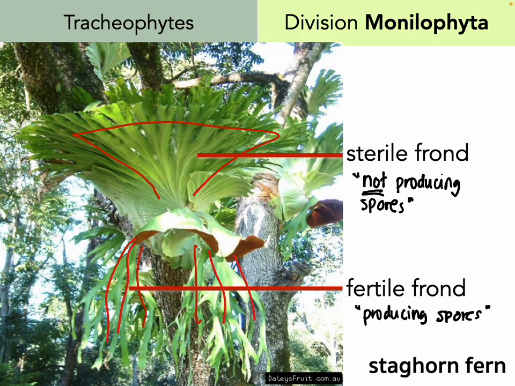And the fact that two types of frond, the sterile and fertile, look different, we have a term for this. This is called dimorphism.